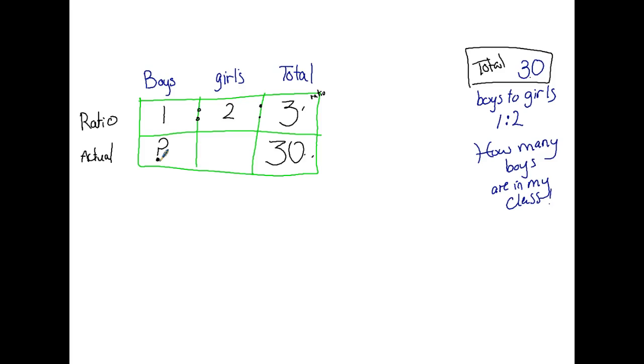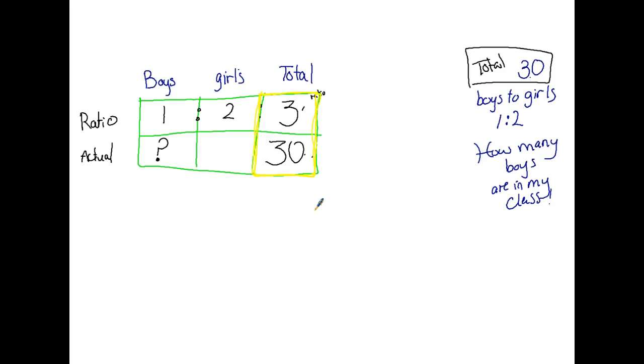First you need to find which column is completely filled out. Looking at this, the total is the column that I have completely filled out, so I'm going to use it all the time. And I'm looking for boys, so I don't even need my girls.